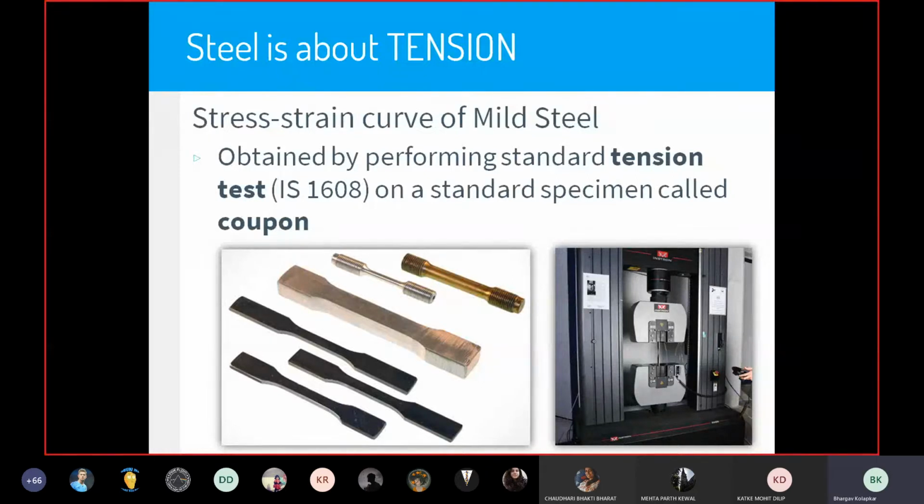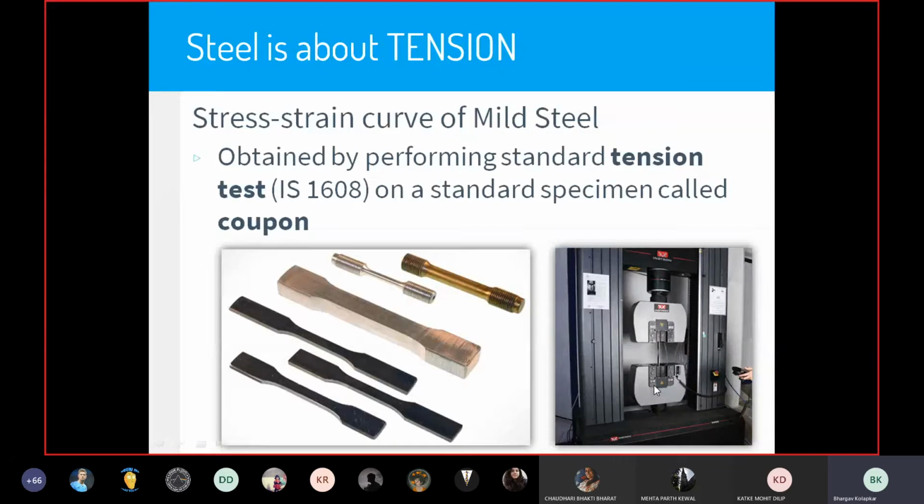Do you follow my question? So now if I want to know how much tensile force this particular steel sample can take, I've clamped this between these two clamps.